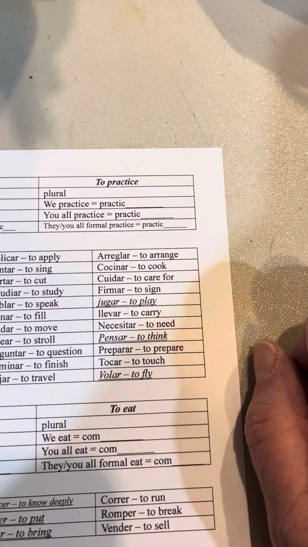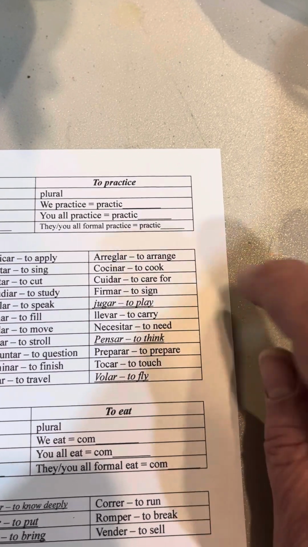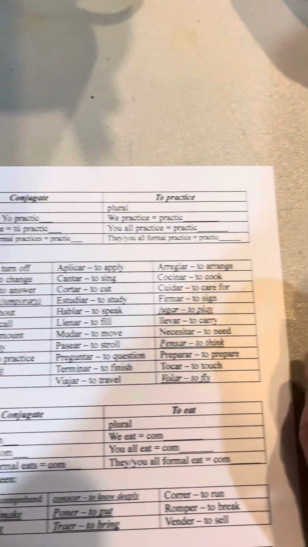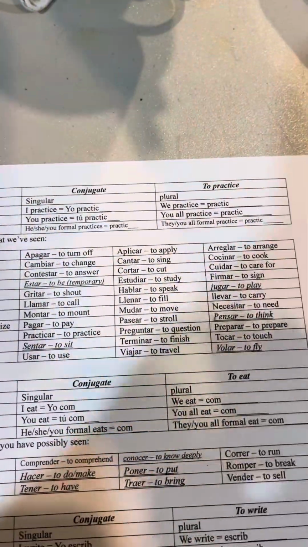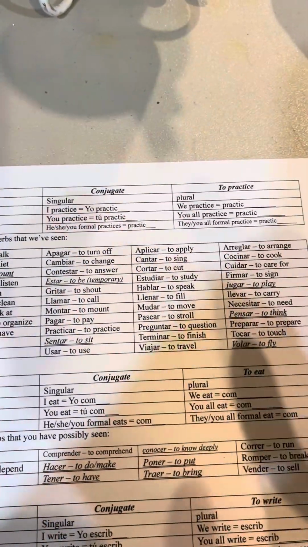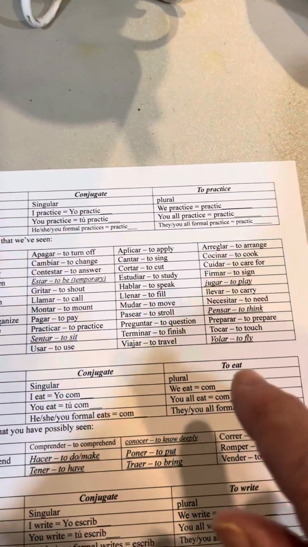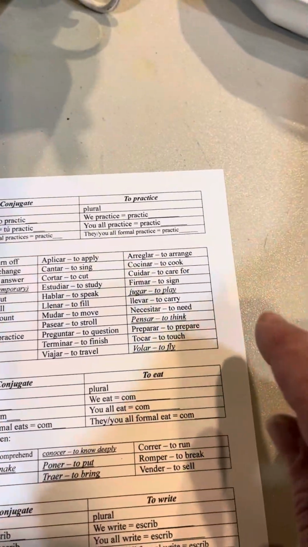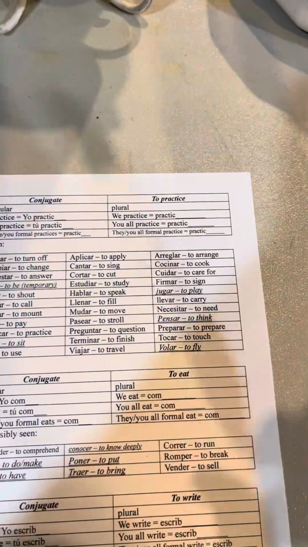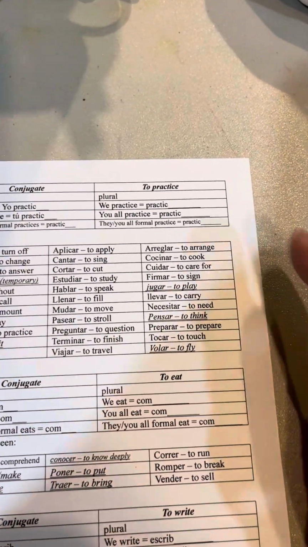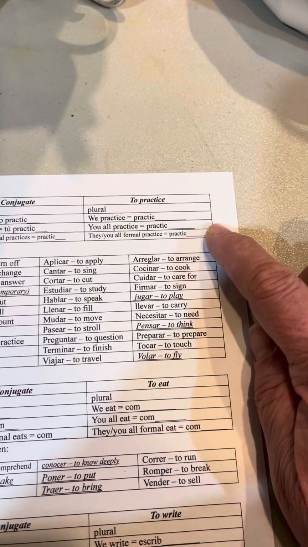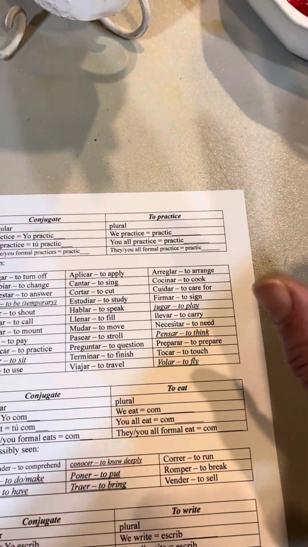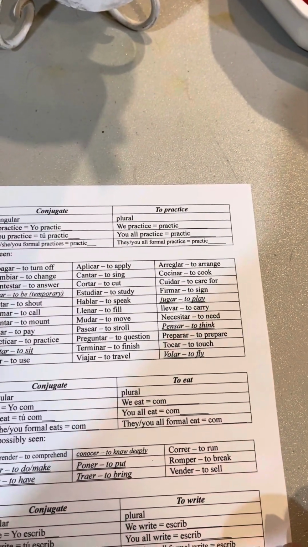They and you all formal, practican. And you can hear that difference in emphasis of syllable. Practico, practicas, practica, practican. Those four all come together in the same accent. But here, practicamos, practicáis. You hear how they go up towards the end instead of coming down.